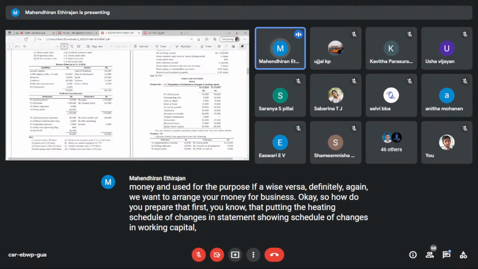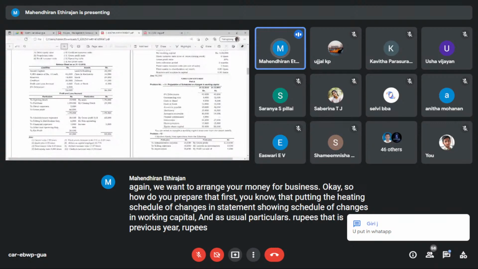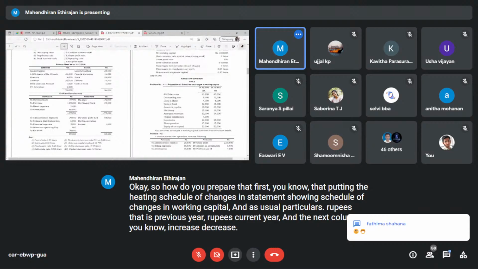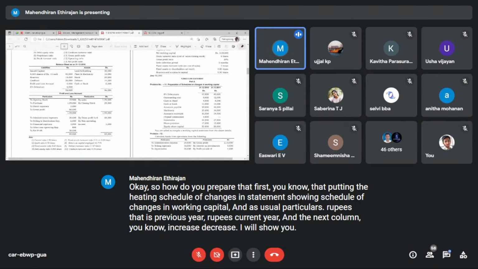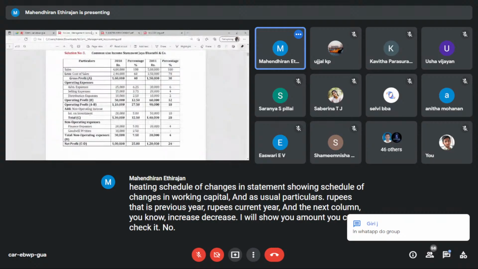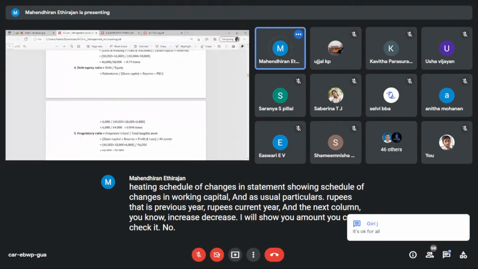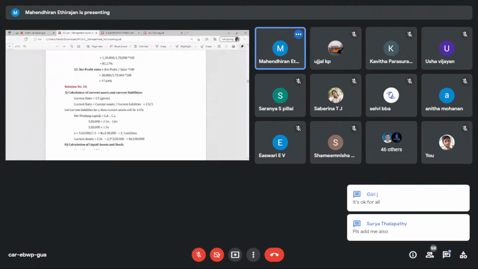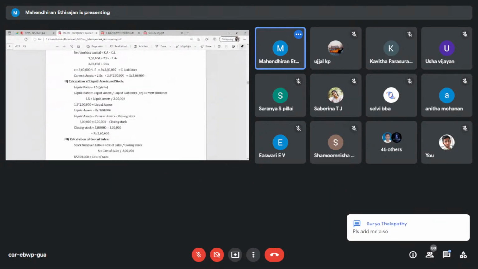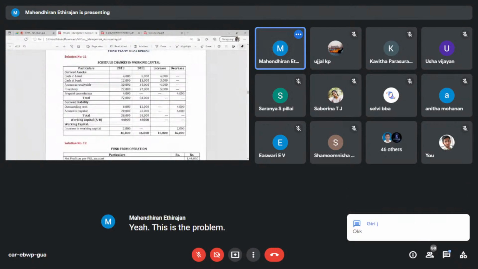And as usual, particulars, rupees, that is previous year, rupees current year. And the next column, increase, decrease. I will show you. Amount, you can check it. Yeah, this is the problem.